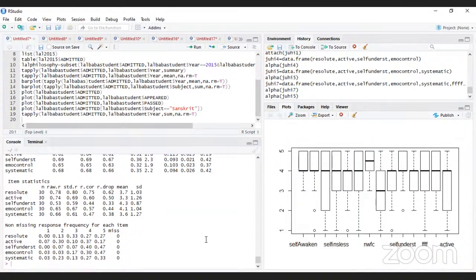So suppose you want to take only two items. Let's see, there are only two items, resolute and active. Okay, and these two items are highly related, we find. So if we take these two items, then what will happen?